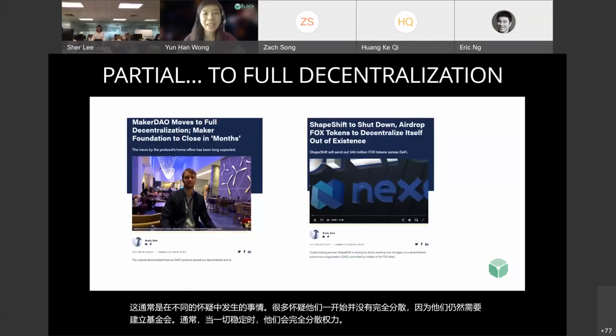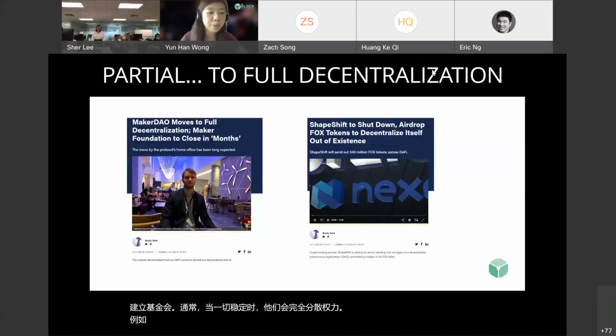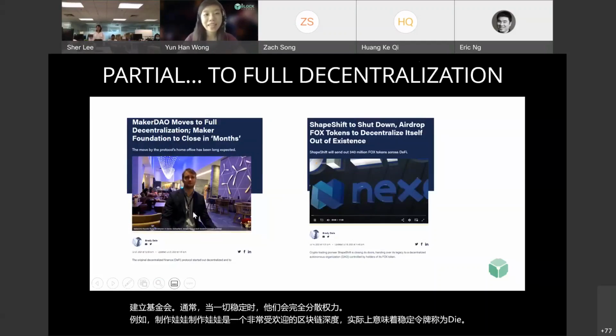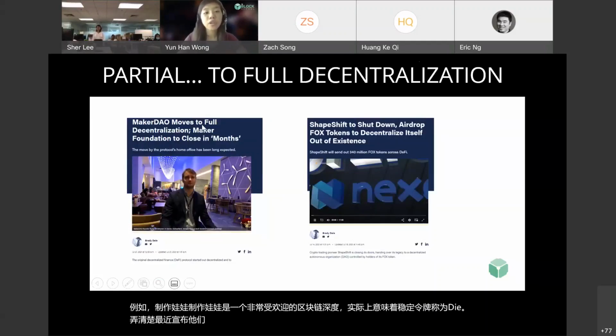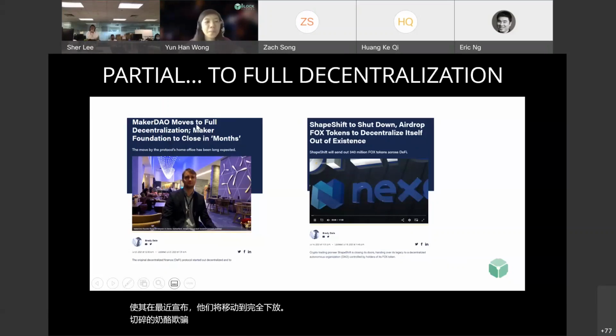For example, MakerDAO. MakerDAO is a very popular blockchain dApp that actually mints the stable token called DAI. MakerDAO recently announced that they are going to move to full decentralization. And what happened is that they will actually close their foundation in months.